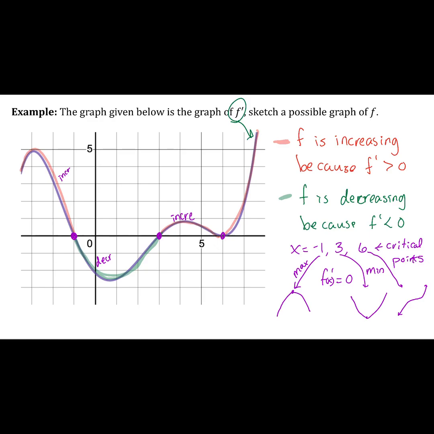So actually, drawing these little bits that I've drawn here in purple, that's kind of what our graph's going to look like. Other points of interest, and I don't know what these points are exactly because they're not very well marked here, is any place where we have mins and maxes on our derivative.